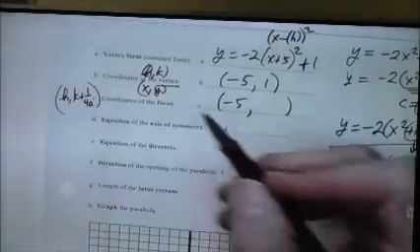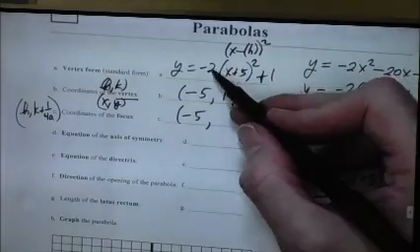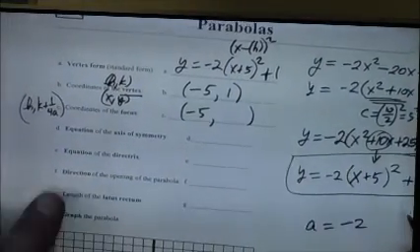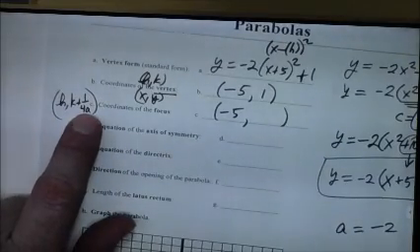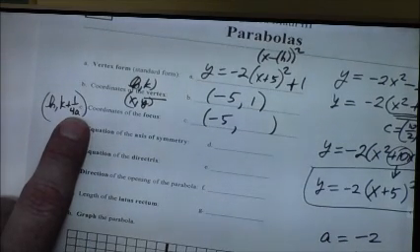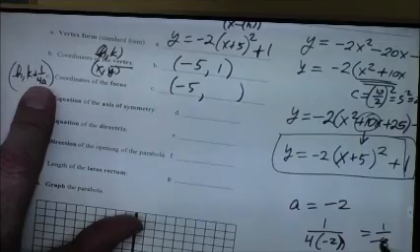So what we need to do is figure out what a is. Well, a is pretty easy because it's that number in front, either here or here. A is negative 2. The formula calls for 1 over 4a. So if it's 1 over 4a, we need to do 1 over 4 times negative 2. So we need to put that a in there. That's 1 over negative 8.